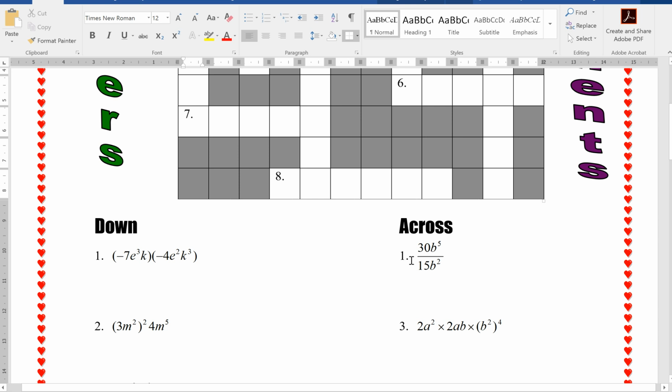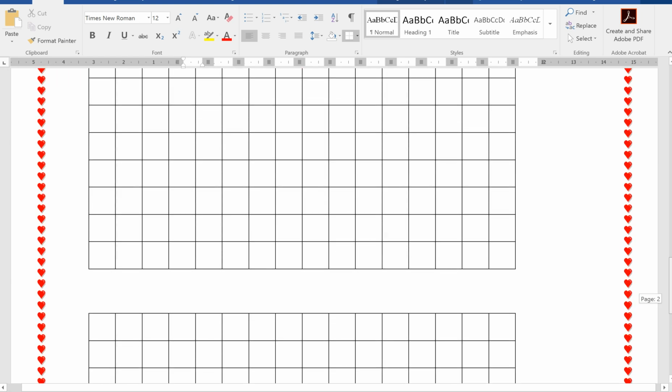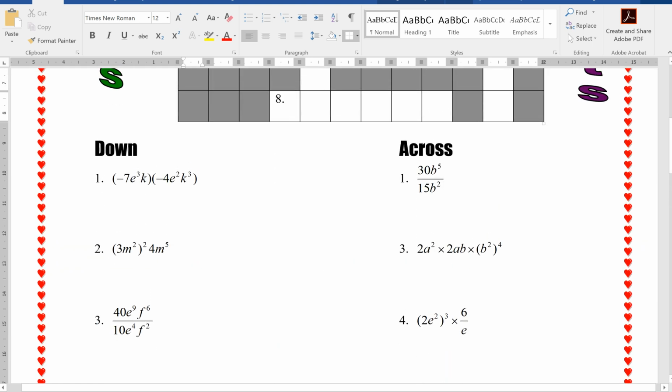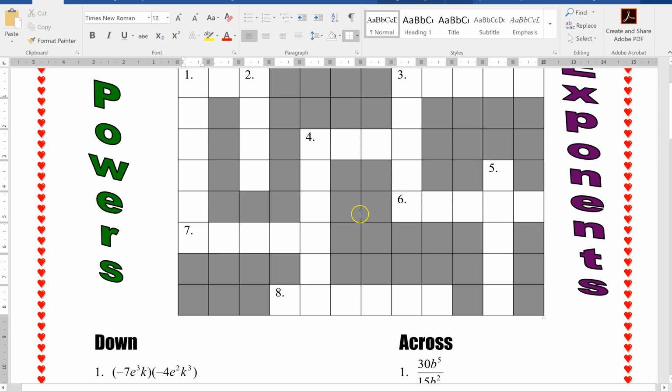Choose whatever letters you want. You could use the initials of your name, but you have to have a minimum. I had 11 questions. I need you to have at least 10, and they have to connect. They have to connect like they do here. You can't just have random ones all over the place.